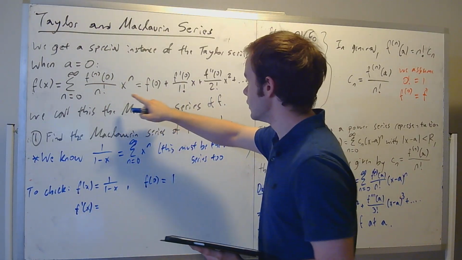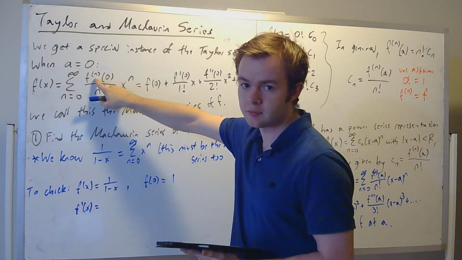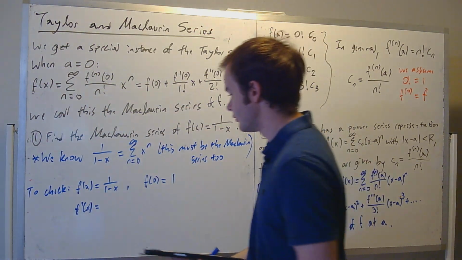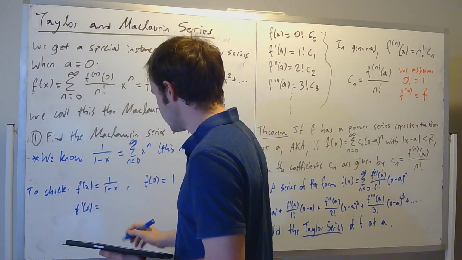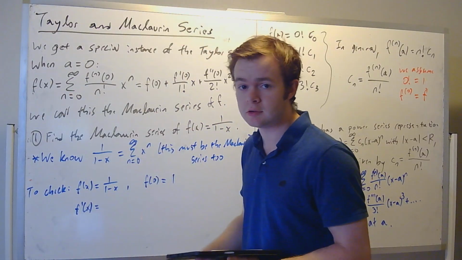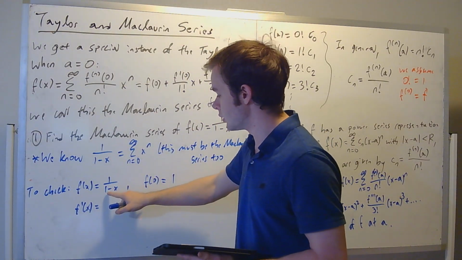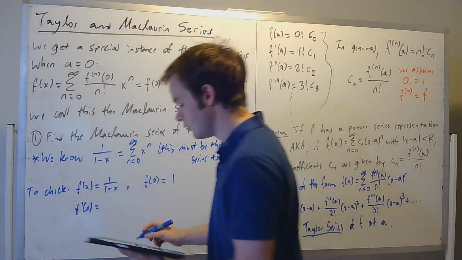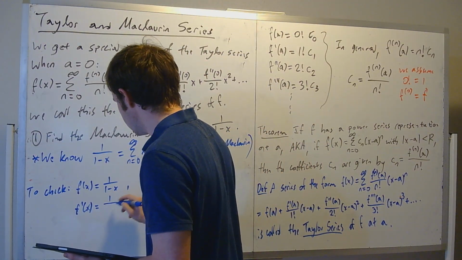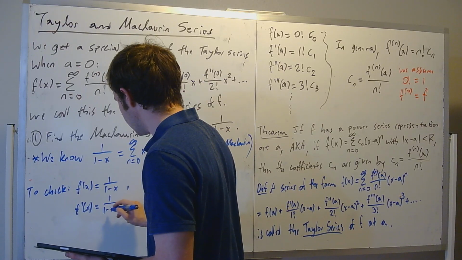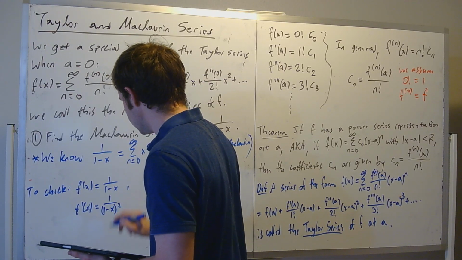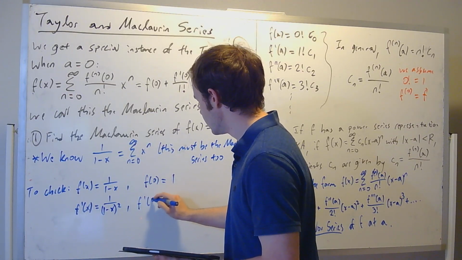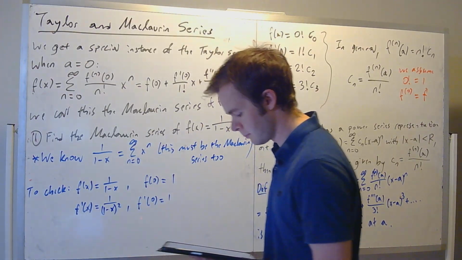What I'm doing here is we need to take all these derivatives and evaluate them at 0. So now we take our first derivative of the function. Remember, the way we do this using the chain rule is we rewrite this as 1 minus x to the power of negative 1, and then we take the derivative using the chain rule. Our answer is going to be 1 over 1 minus x to the power of 2. And if you plug in 0 for f prime of 0, you're again going to get 1.